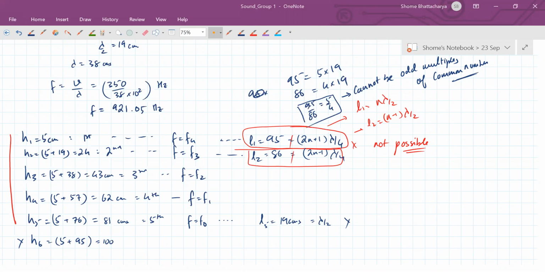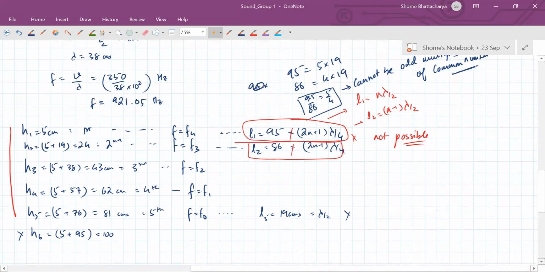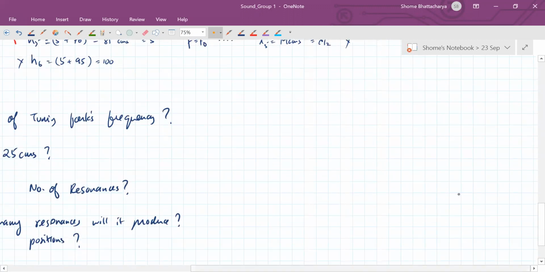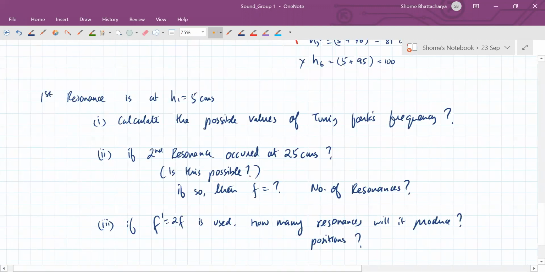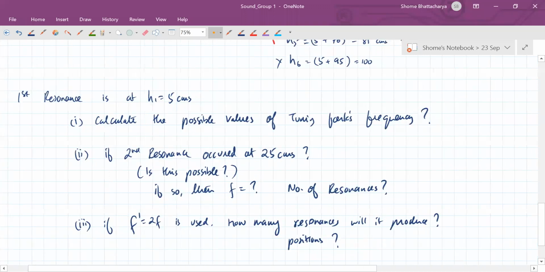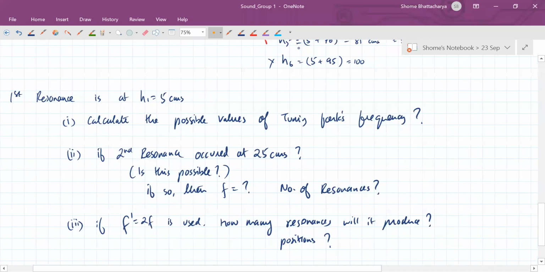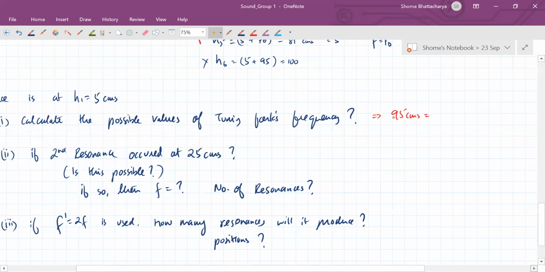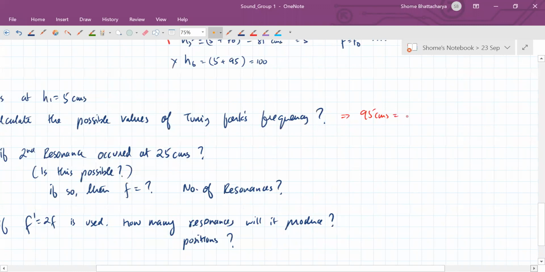Yes, Ganesh, that's correct. Okay. So the first thing you have to understand is that if the first resonance is occurring at 5 centimeters, this means that 95 centimeters is some kind of odd multiple of lambda by 4.